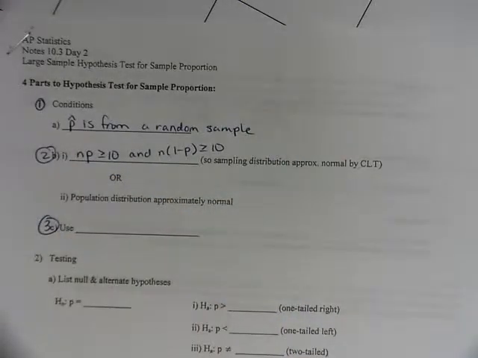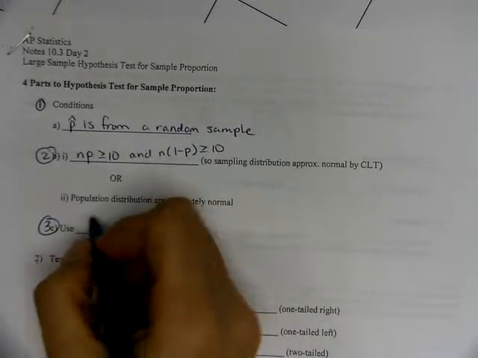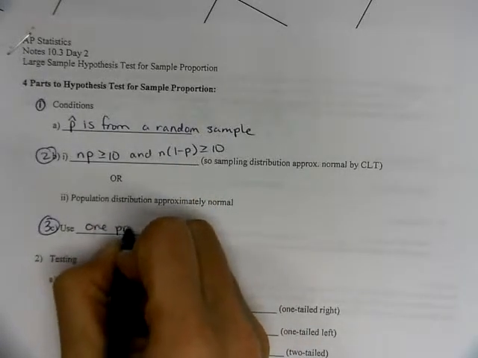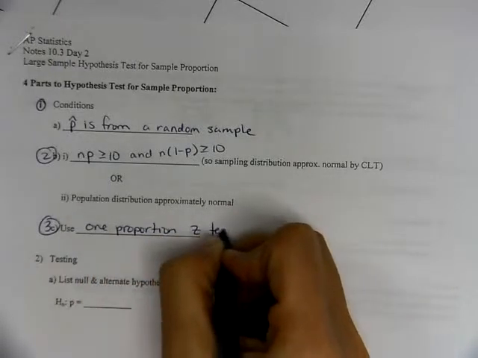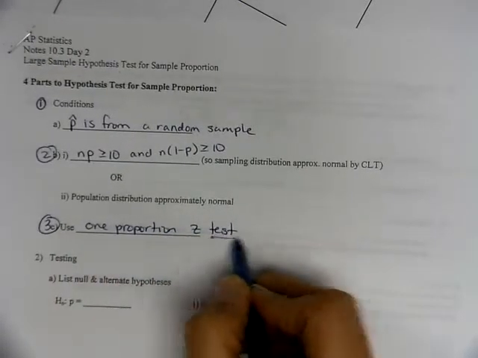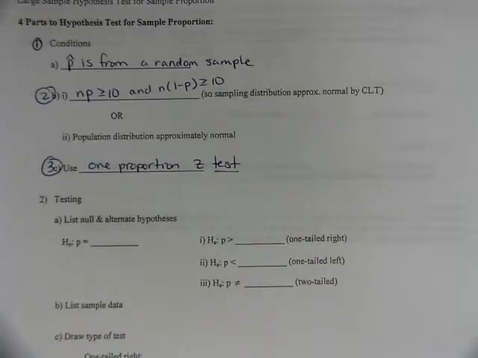So before we had a 1 proportion z interval, now you have a 1 proportion z test. So really the only thing that changed is that last word. We're doing a test instead of an interval. You always know when you have a test when you have an Ho and an Ha. If there's no Ho and Ha, it's an interval.